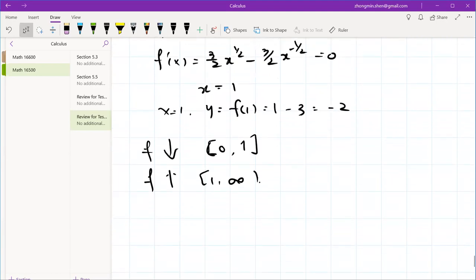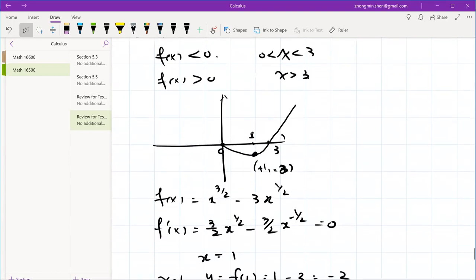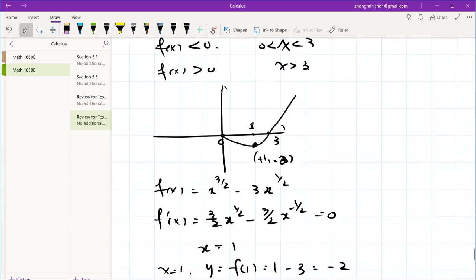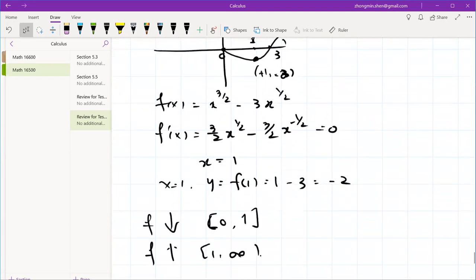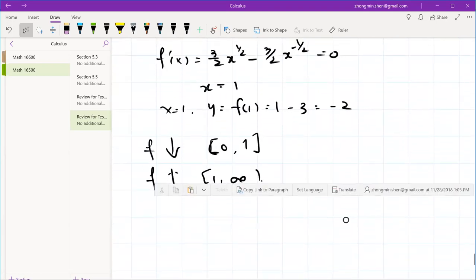Now, it's not clear to me whether there are any points of inflection there, right? I need to find the second derivative.